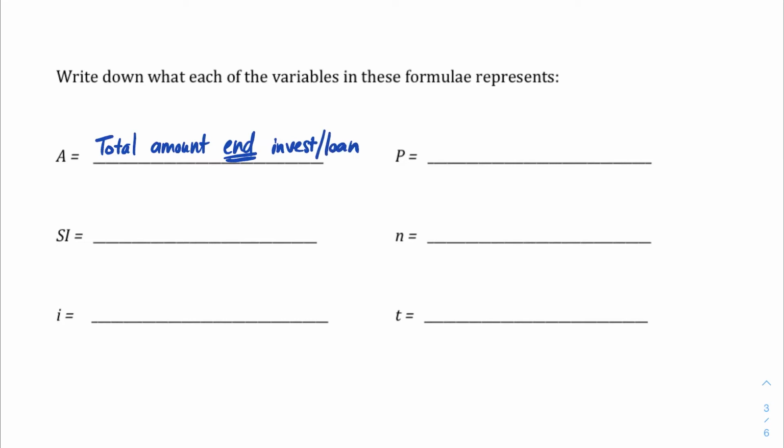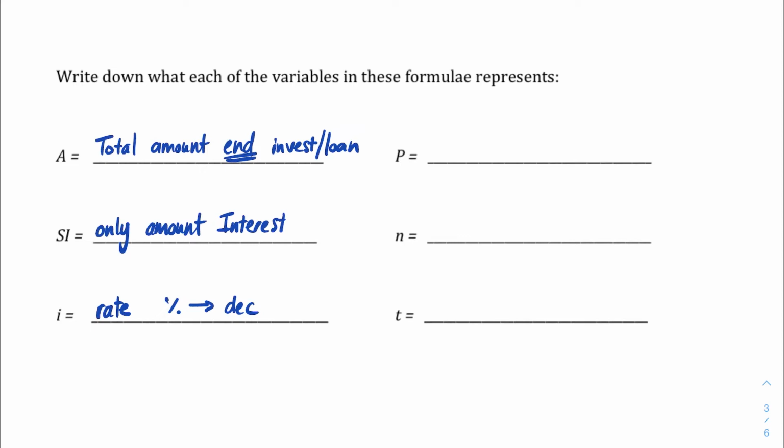We use the same formula. SI is only the amount of interest. So if it's an investment, how much the bank is paying me. If it's a loan, how much extra I need to pay back after paying back my loan. I stands for the interest rate, which normally means we need to take the percentage and divide it by 100, so we're going to convert it either as a fraction or as a decimal.